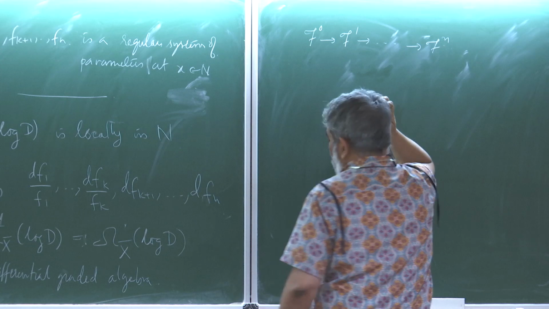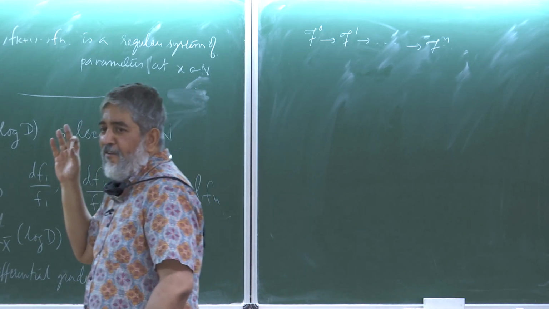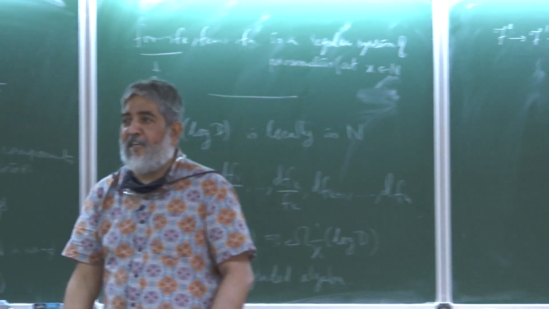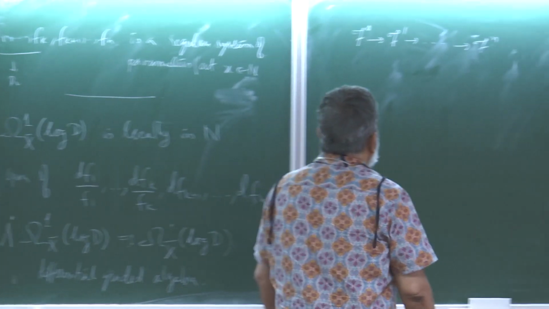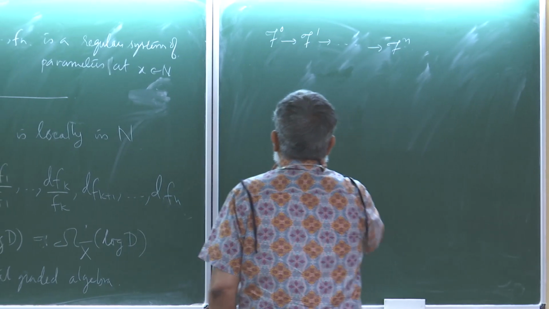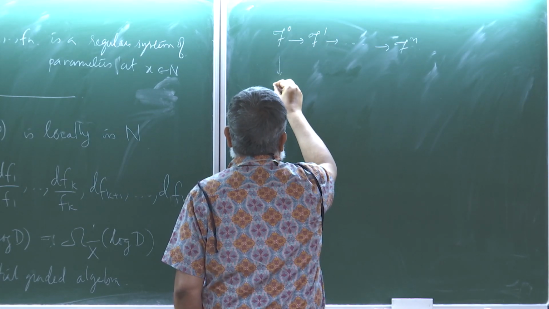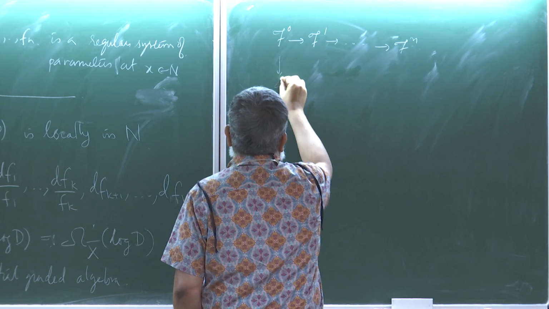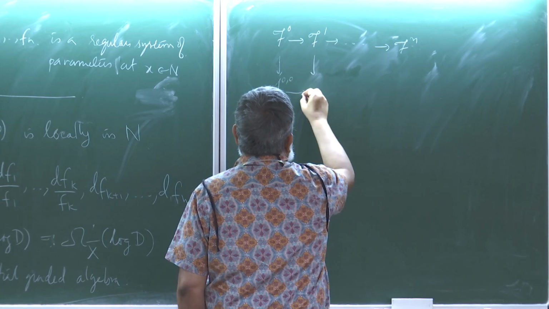Since they are bounded, may as well take it to be bounded, and for simplicity I will assume that the indexing starts at 0, which is not necessary. Then what you can do is patch together and make a kind of simultaneous resolution by flasque sheaves or injective sheaves and so on of this kind.